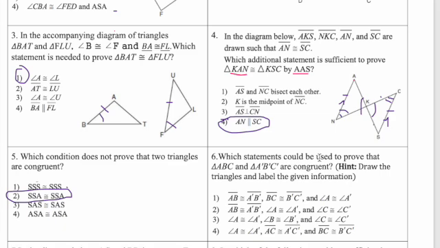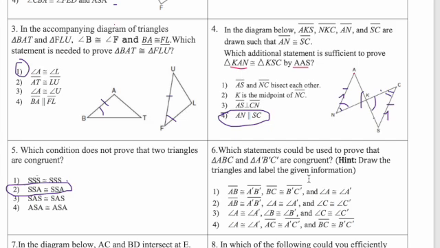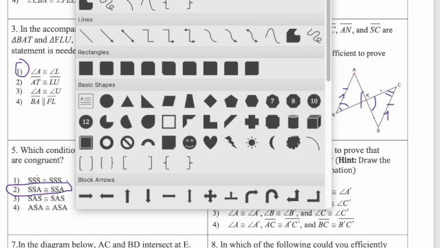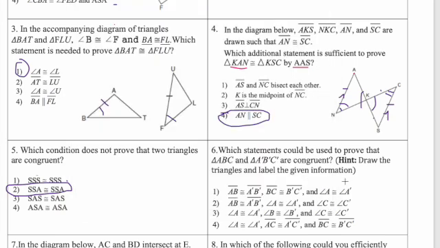Okay, which statement could be used to prove triangle ABC and triangle A prime, B prime, C prime are congruent? Draw the triangles and label them. So I'm going to use 2 triangles.